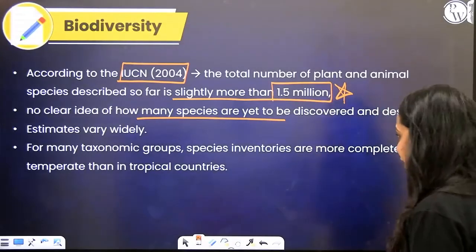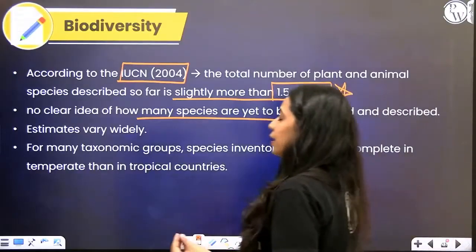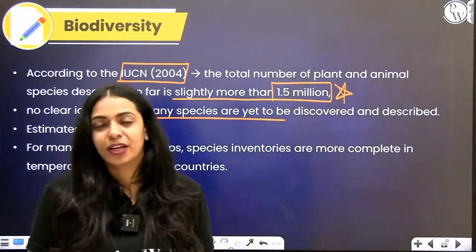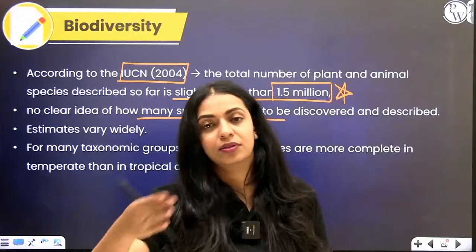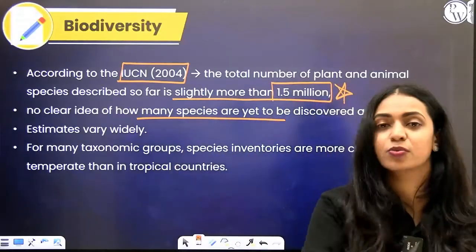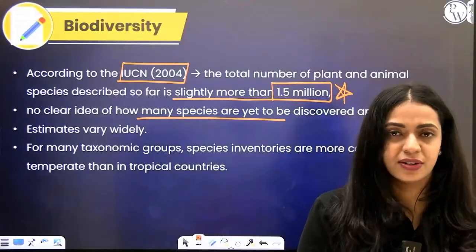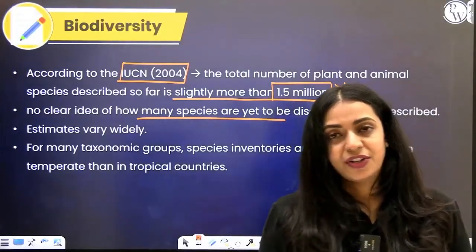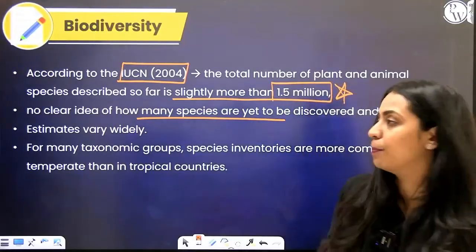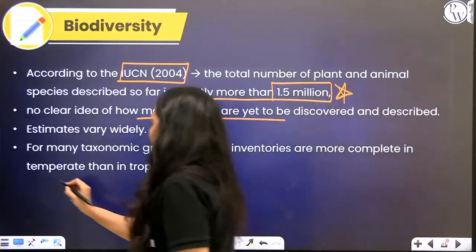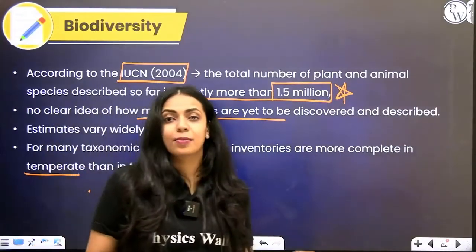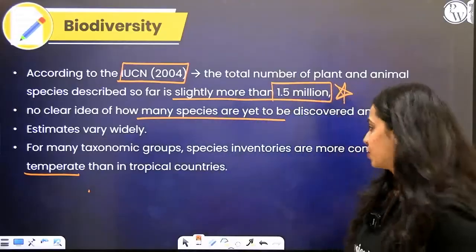So for many taxonomic groups, if you look at their inventories, where you make a list of how many species, what kind of species are present in a particular region, the inventories are more complete in the temperate regions as compared to the tropical regions.